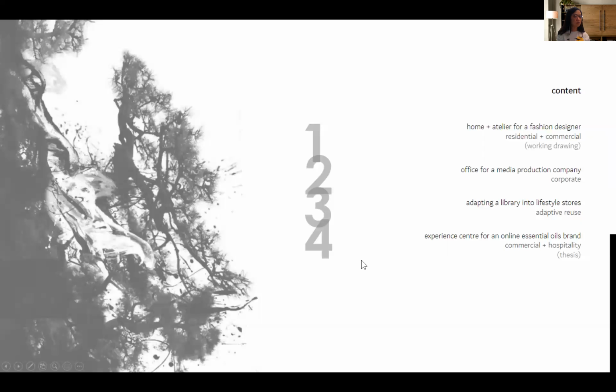Simple, indicating the design categories. I really like the simplicity, and an abstract image kind of helps.